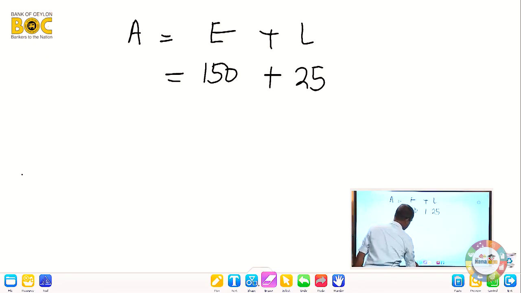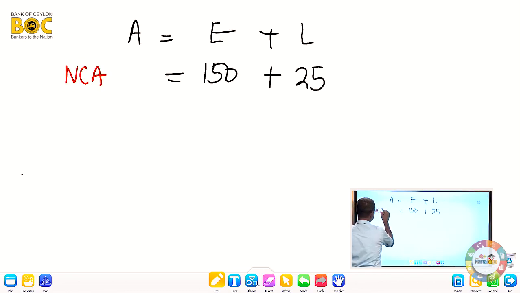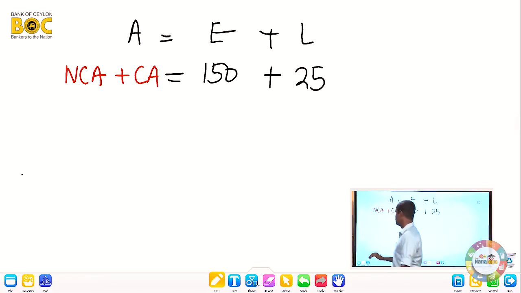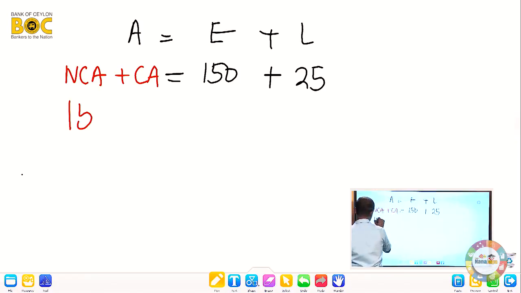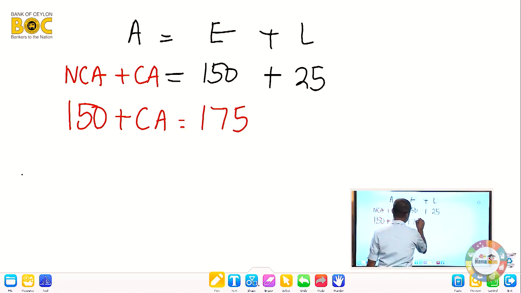So instead of writing assets, you can write non-current assets plus current assets. In the question, non-current assets are 150 million, which equals current assets plus equity and liabilities of 175 million.